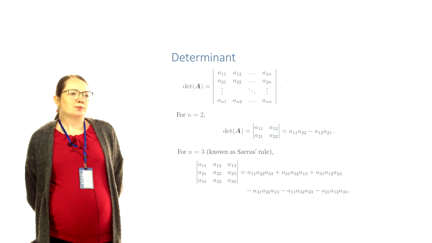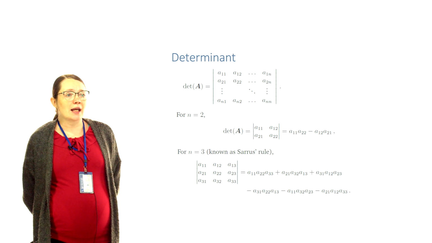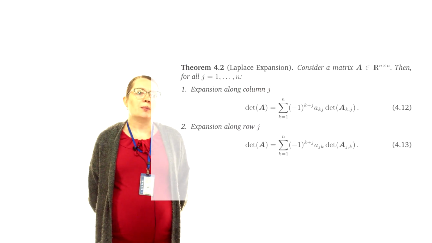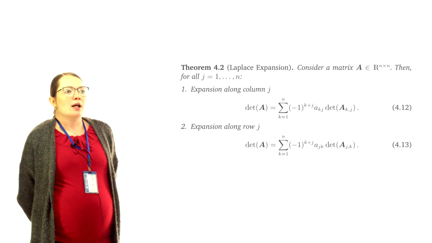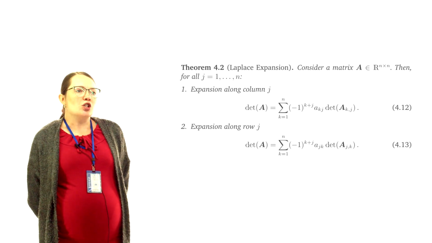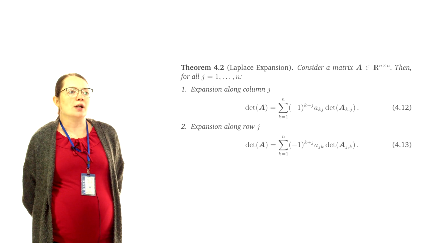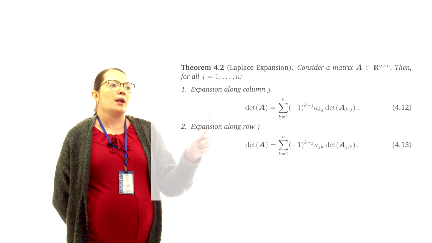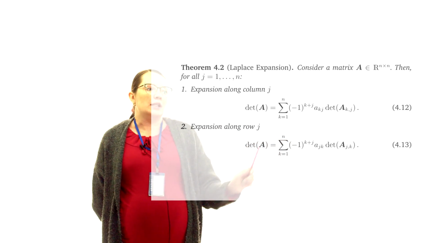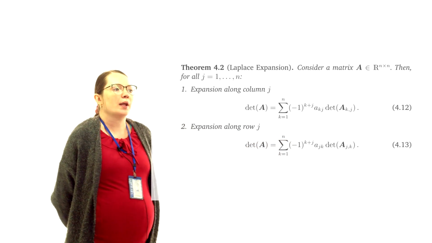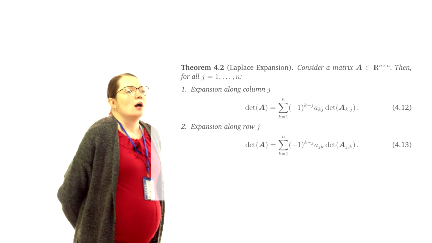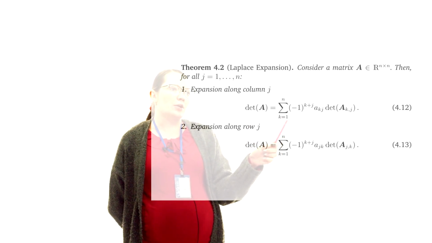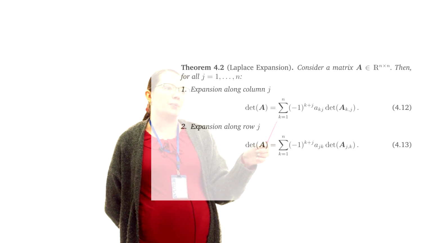And for the general case, the determinant can be calculated using Laplace expansion, which can be expansion along a column or expansion along a row. So here you can see the formulas for the determinant in each case. Here we have the sum over k. If it's a column, we go through the column.